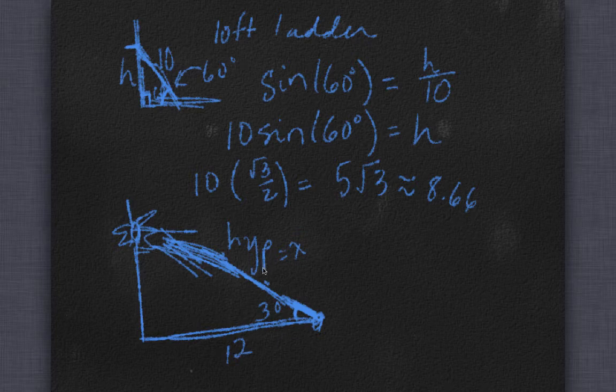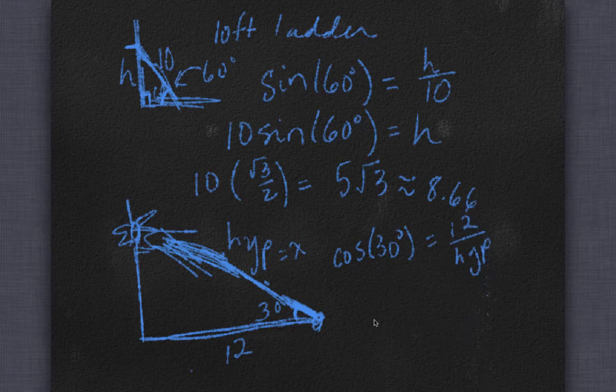So CAH, cosine 30 degrees equals 12 over the hypotenuse. So hypotenuse, and we can call it x, times cosine 30 is 12.